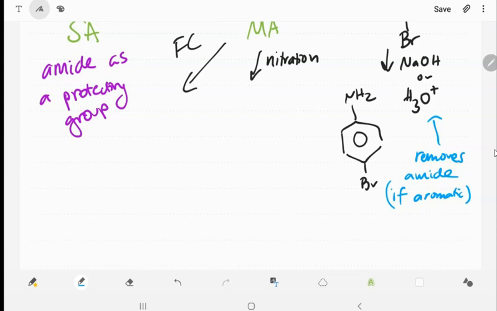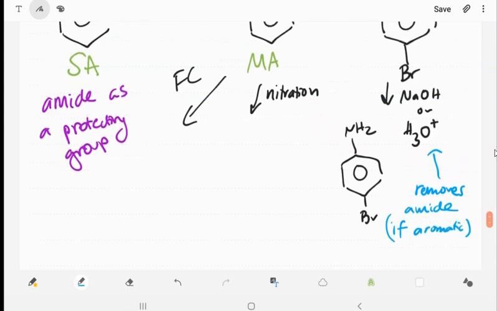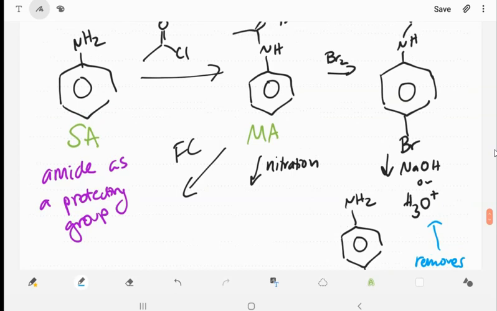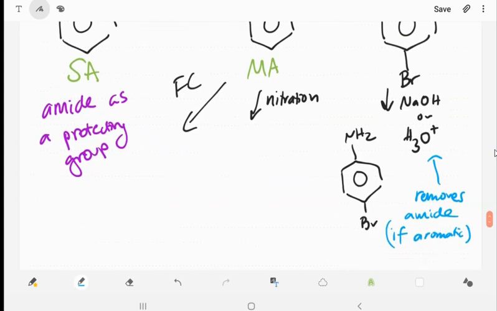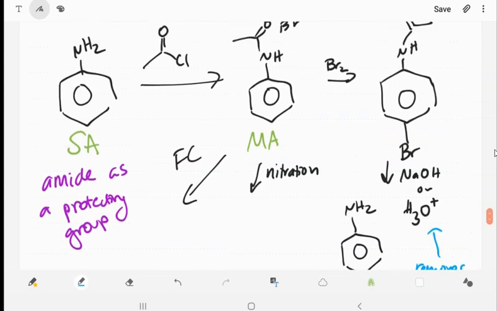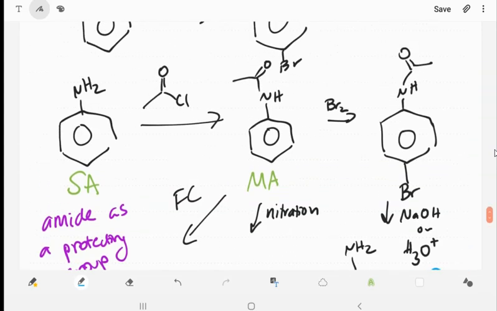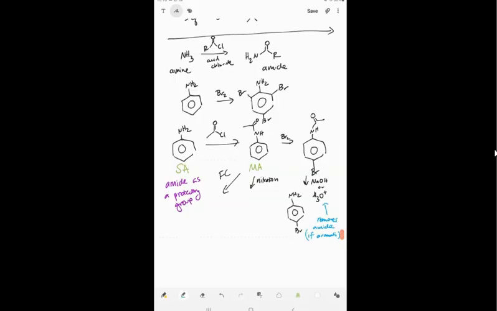In order to go from an amide to just get rid of it, it's pretty tough otherwise if it's not aromatic. So the aromatic one's easy, just base or acid. Ta-da. Alrighty. Here, I'll make it a little bit bigger. There you go.